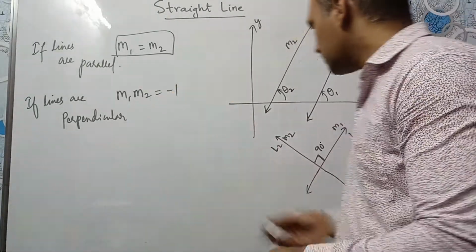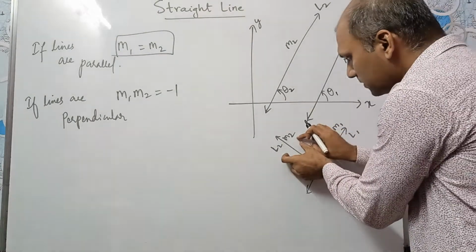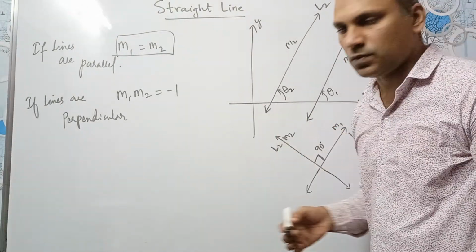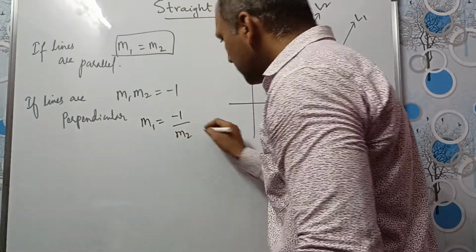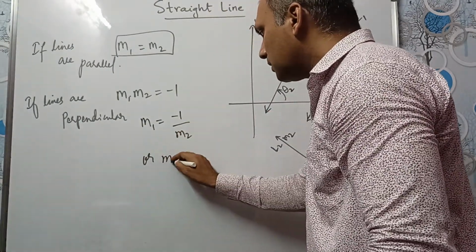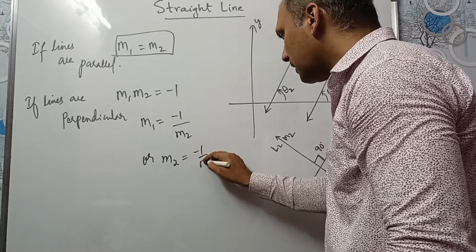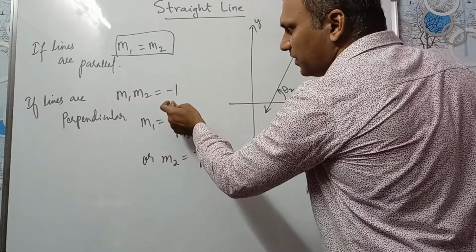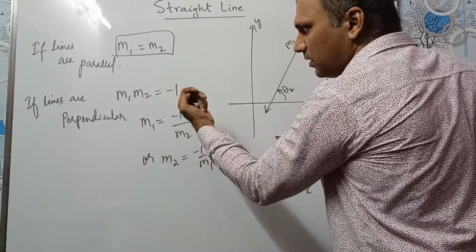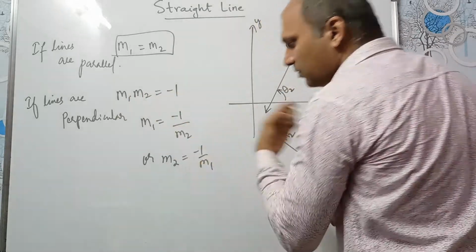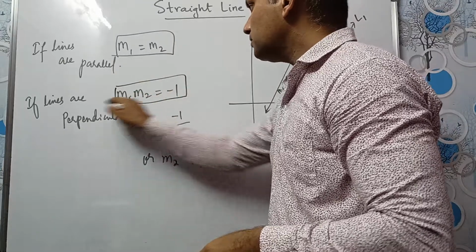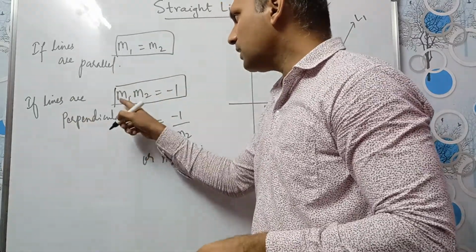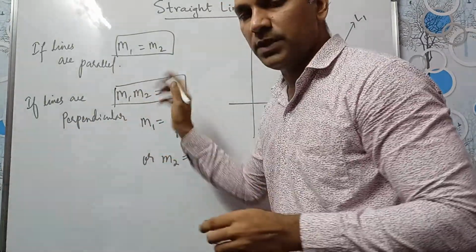The slope of this line multiplied by the slope of this line will be equal to minus 1. You can also write it as m1 is equal to minus 1 by m2, or m2 is equal to minus 1 by m1. You send m2 this side, it will come in the denominator, right? You send m1 this side, it will come in the denominator. So if lines are perpendicular, the product of m1 and m2 will be equal to minus 1.